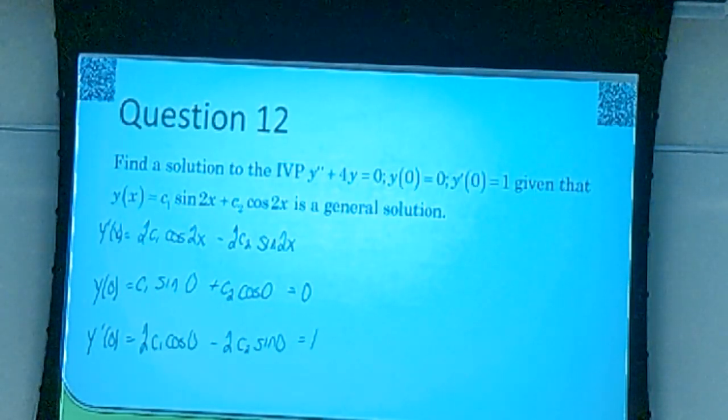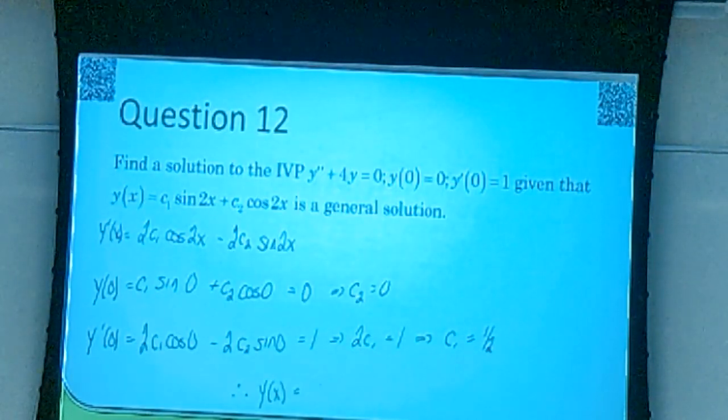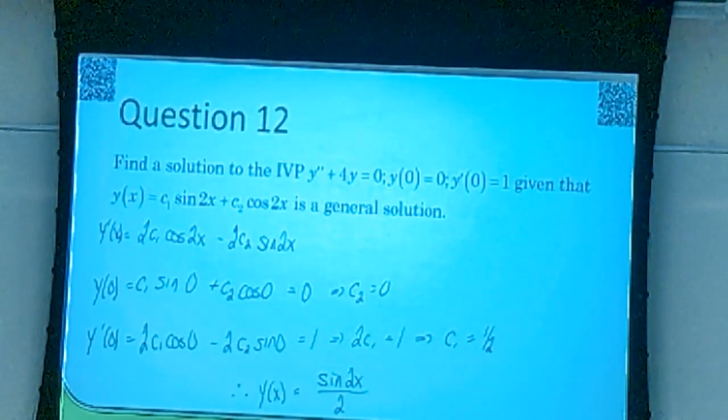What's cosine of 0? By the way, you get C2 has to be 0. And the second one says 2C1 has to equal 1. Which means that C1 is half. So our solution is sine of 2x all over 2.